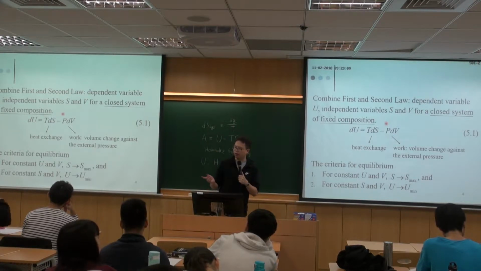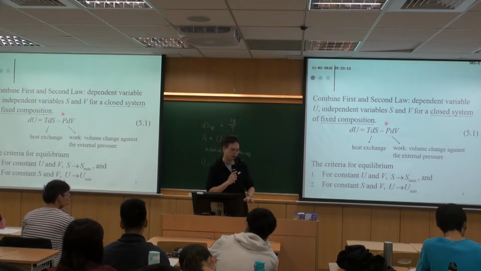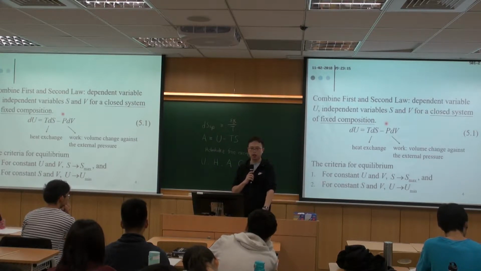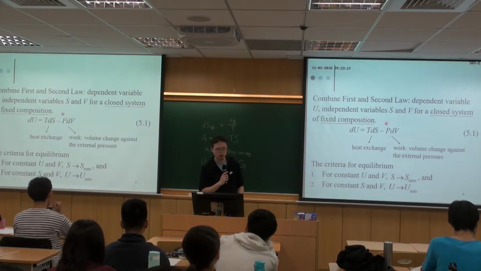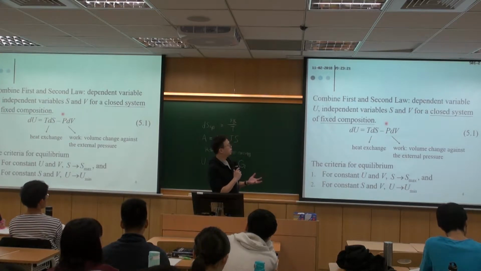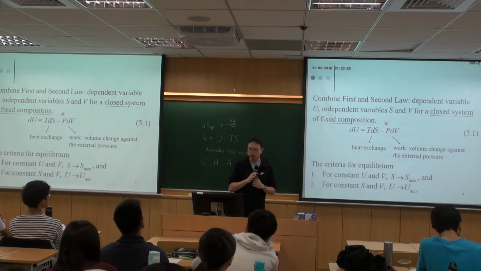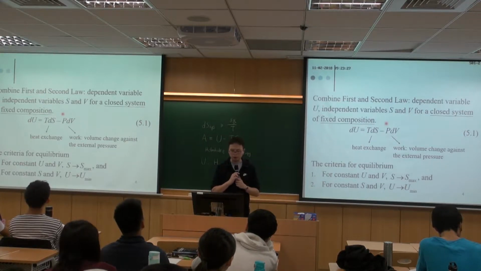And if you're using the last version of your textbook, then you don't have this kind of problem. But I don't know why in this version the author tried to add this in. But for simplicity, I will ignore the magnetic work and electric work that will be in your new version of the textbook.